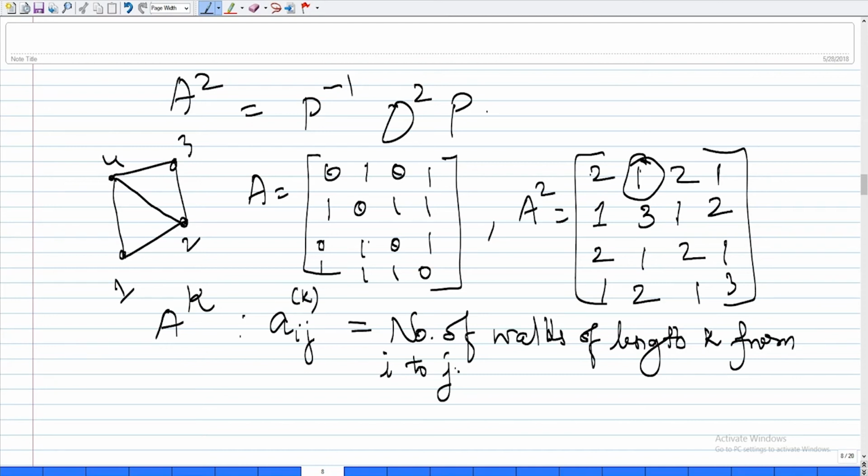Suppose my two vertices i and j are at a distance m, d_ij is equal to m. Then what can I say about the matrix powers up to m, like A square, A cube and so on until A power m? Can these two vertices i and j in the graph have a walk of length 2 if their distance is m?